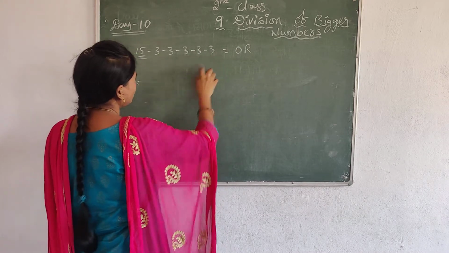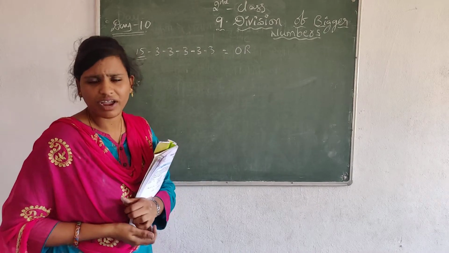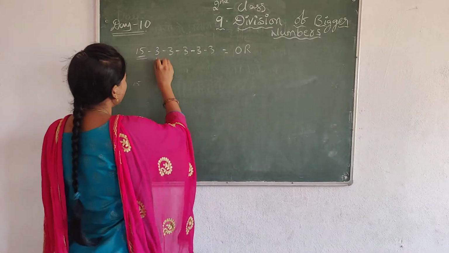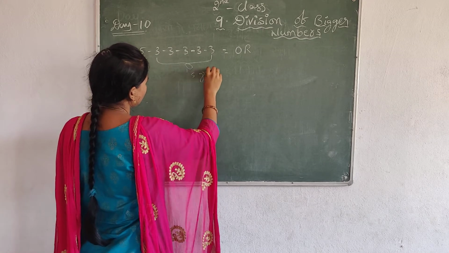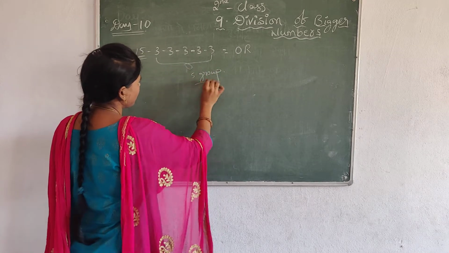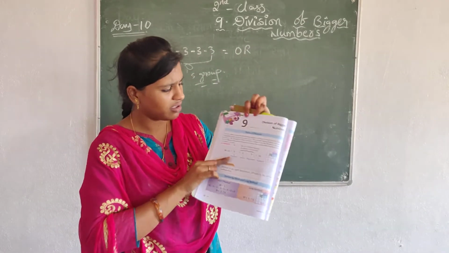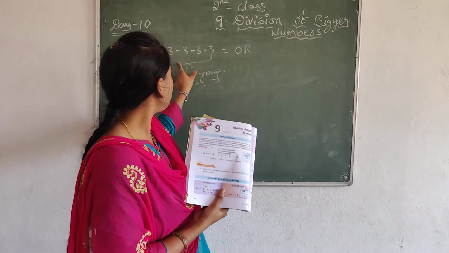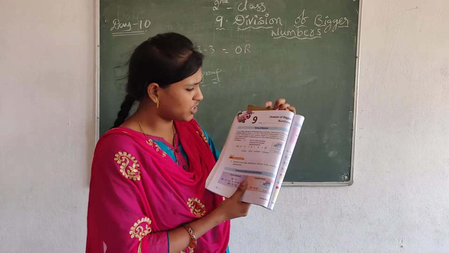So how many times did you divide this? 15 divided by 3 is 5 times. You divided it into 5 groups, right? This is the group manner, and this is repeated subtraction.